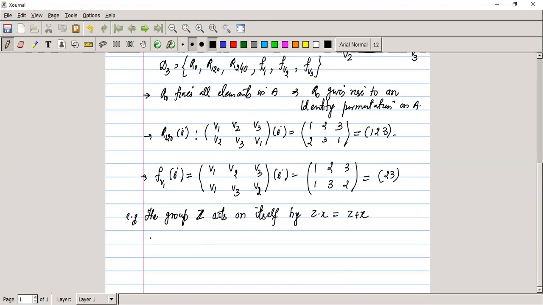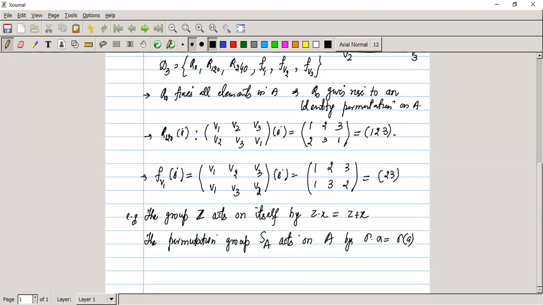Now similarly, the permutation group. Suppose S_A, a permutation group defined on the set A, acts on A by, suppose, sigma·a is equal to sigma of a.